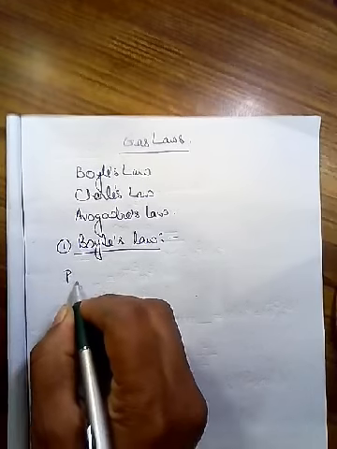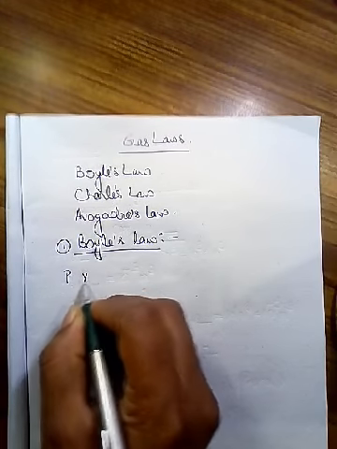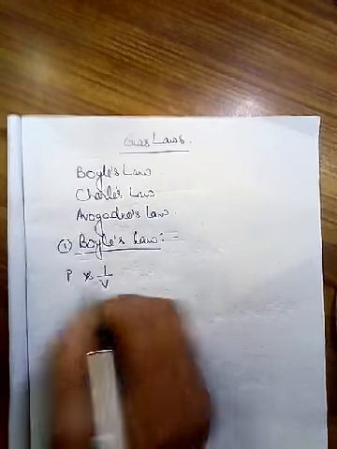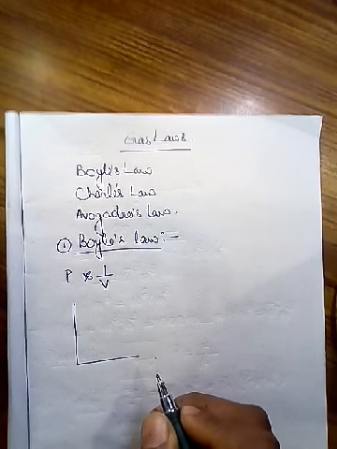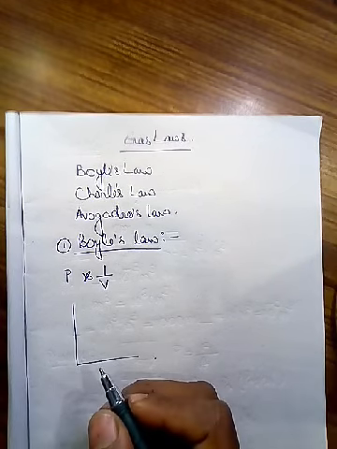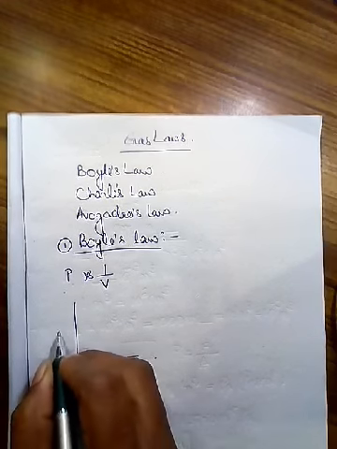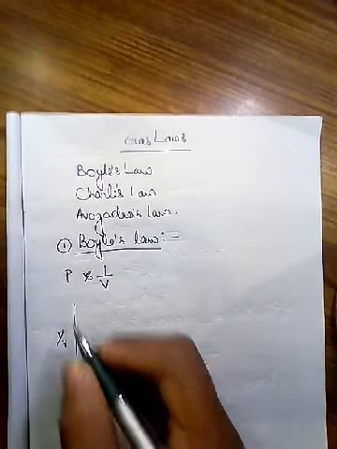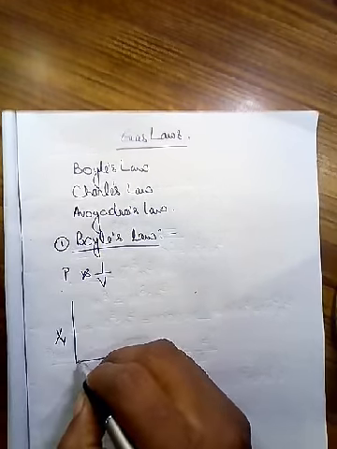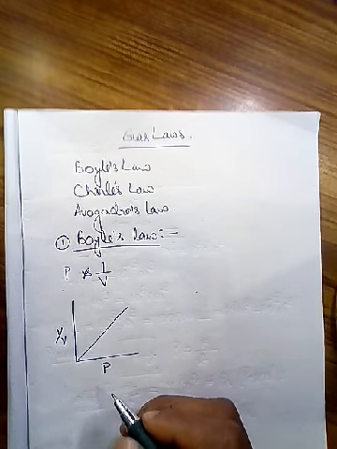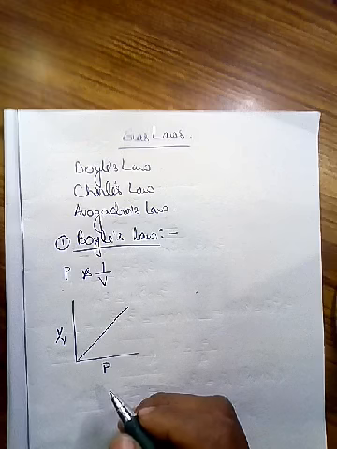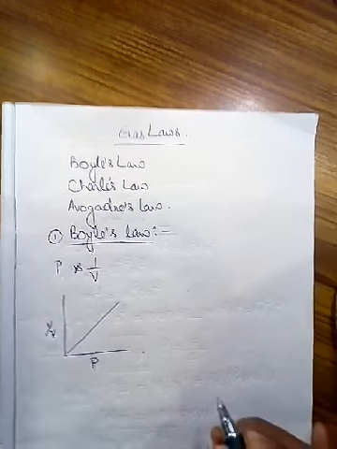So first, pressure versus 1 by V. So it is direct relationship. Pressure versus 1 by V, as it is directly proportional, it is a straight line passing through the origin. That means P increases, 1 by V also increases.